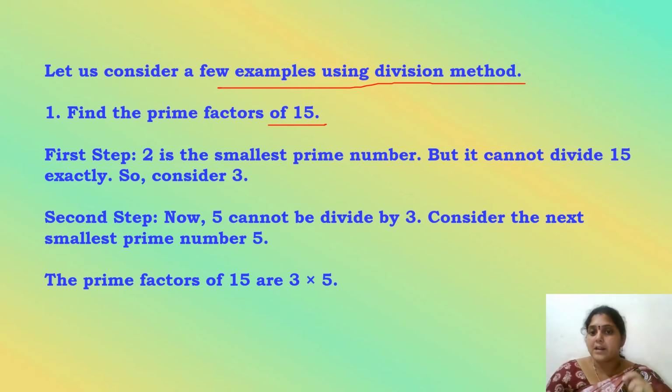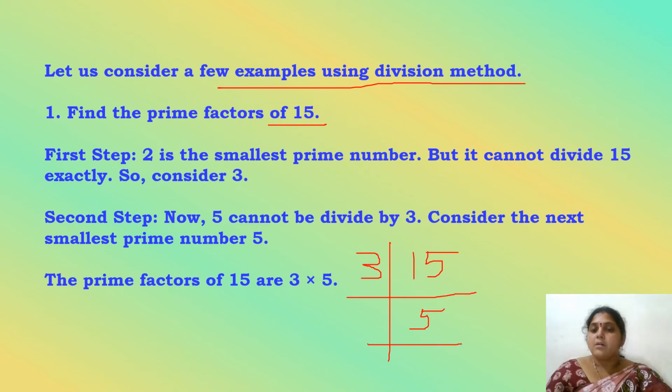How have we done it? I will show in the division format. 15 I have taken. In 2 table, 15 will not go. So what is the next prime number? Next prime number is 3. So in 3 table, 15 how many times it goes? That number you have to write down of 15. So 3 5s are 15, right? Now 5 is a prime number. You can stop here.